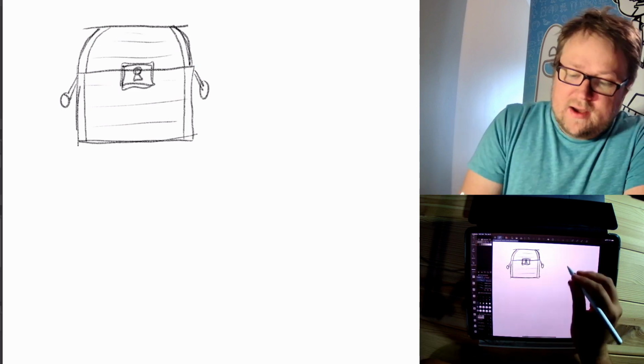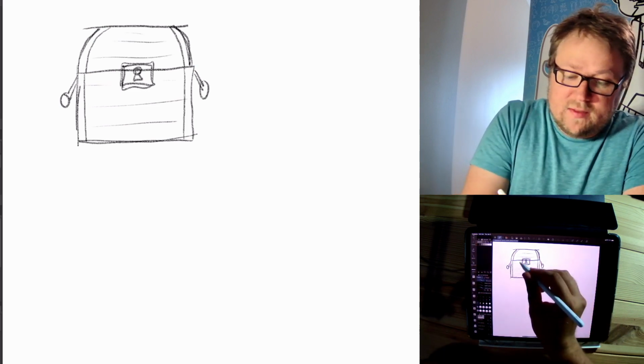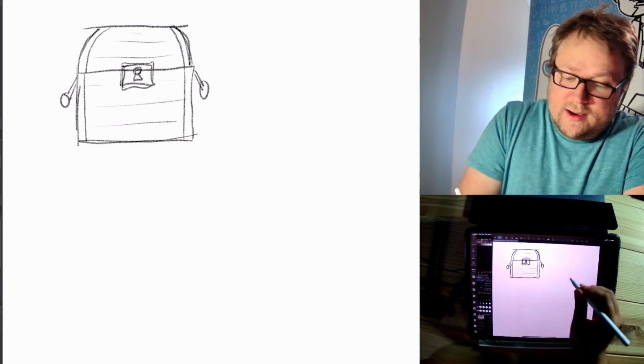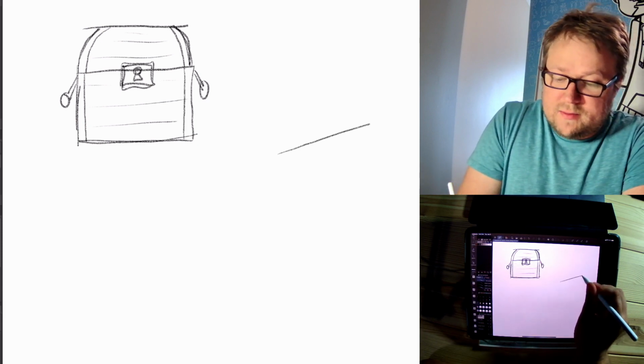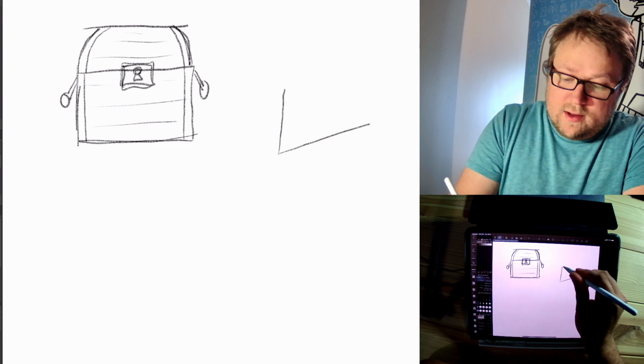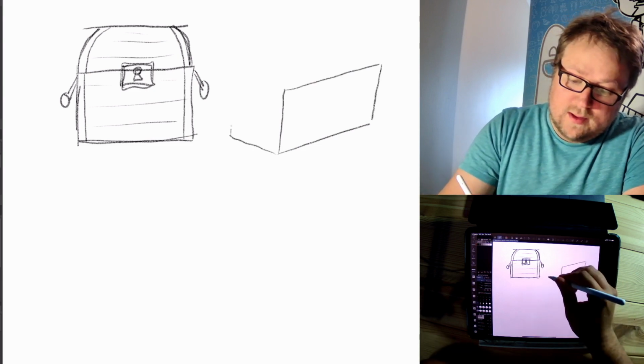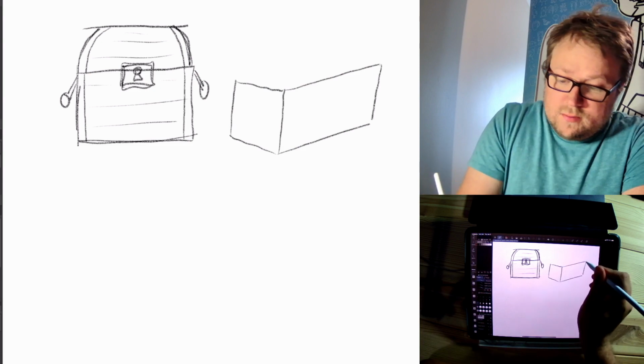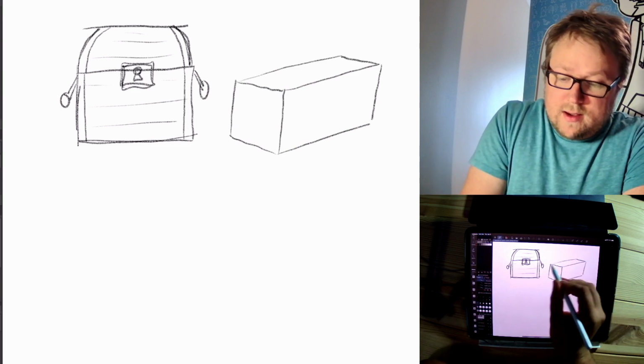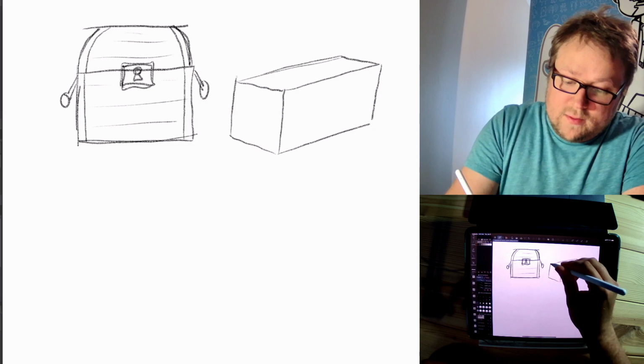Okay. Now to draw a 3D one, we just take that and make it into a 3D rectangle. So we start by building a kind of a skewed rectangle. Then we'll make it into a 3D rectangle, like that. And then we build on top of it the lid, which is a little curve.